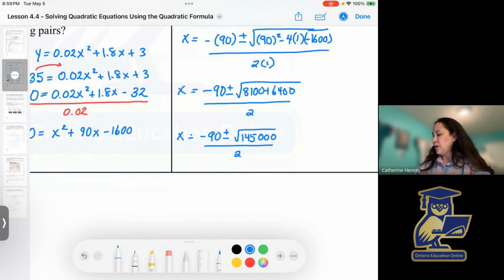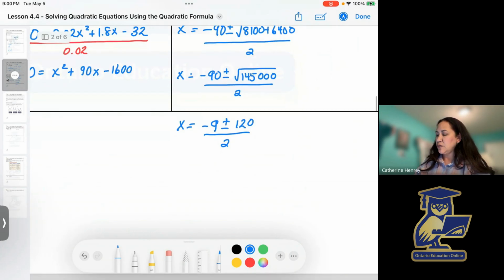So we're looking for the number of years since 1990. I'm going to go ahead and evaluate. I'll probably get a decimal answer, but I'm going to round it to whole numbers because years can only be in whole numbers. So x equals negative 90 plus or minus the square root of 14,500 is 120 rounded, divided by 2.